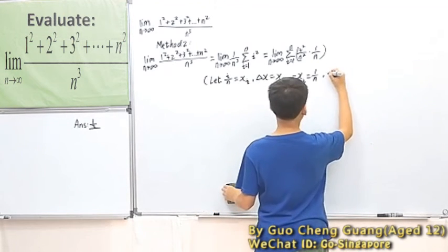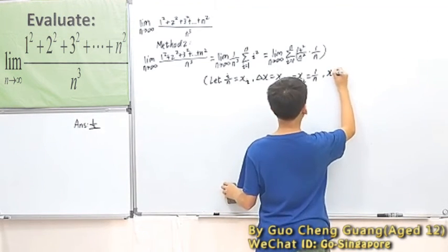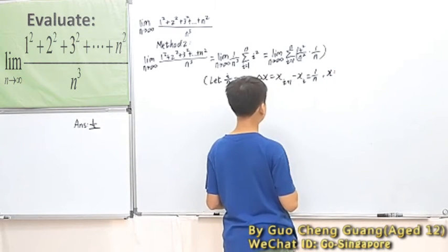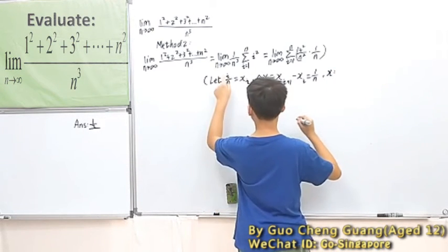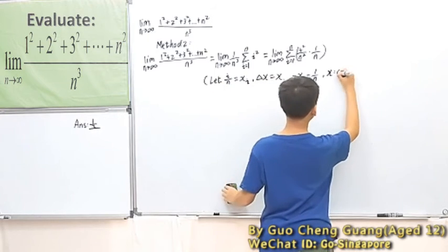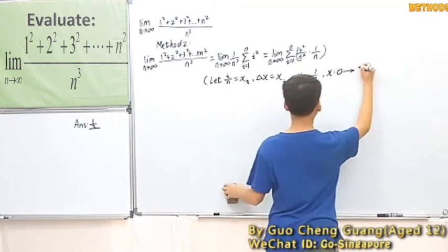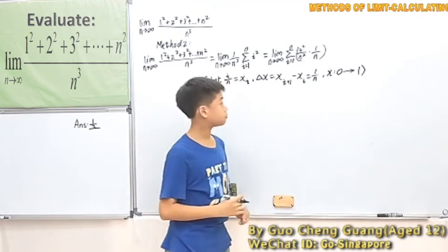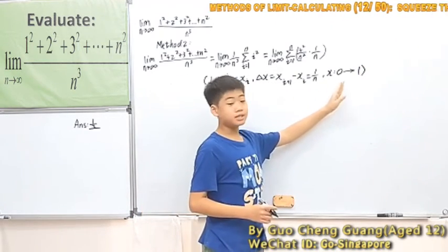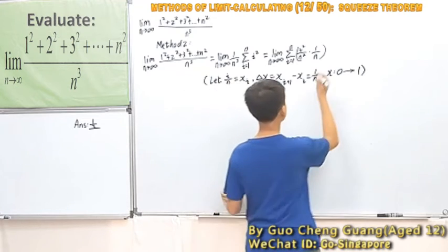So then we're very sure that this part is the dx later on in the definite integral. Then we'll have to find, for a definite integral, what is its boundary. So 1 inside here, 1 over infinity, we can just write it as 0. Then n over n, it will be a 1. So the boundary is from 0 to 1.